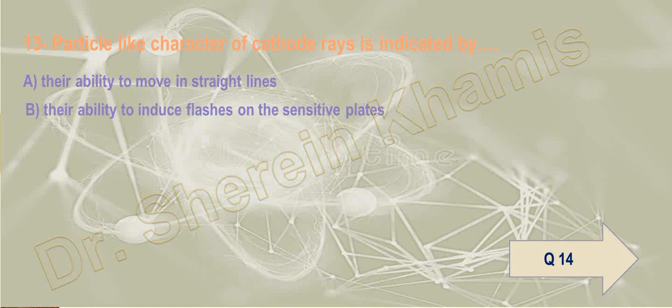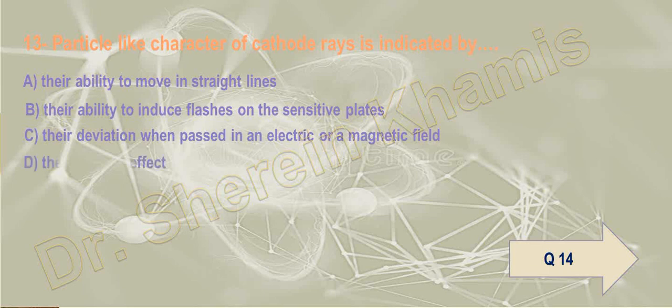The other one, their ability to induce flashes on the sensitive plate, maybe. The other one, their deviation when passed in an electric or magnetic field. Do you think it may be very important and related to cathode rays only, not to other rays? The last one, their thermal effect.